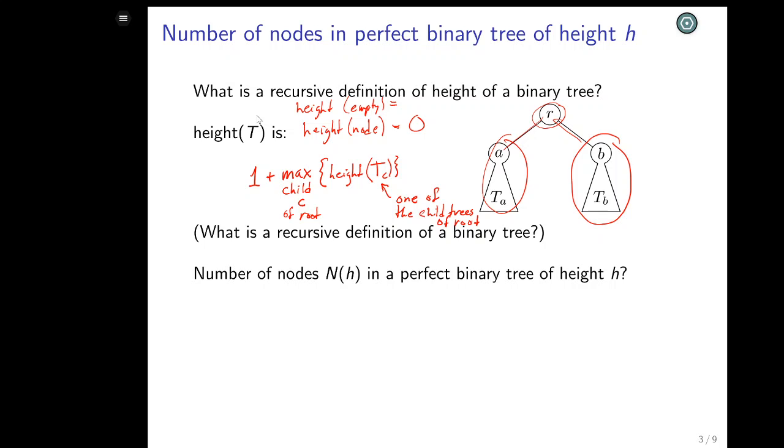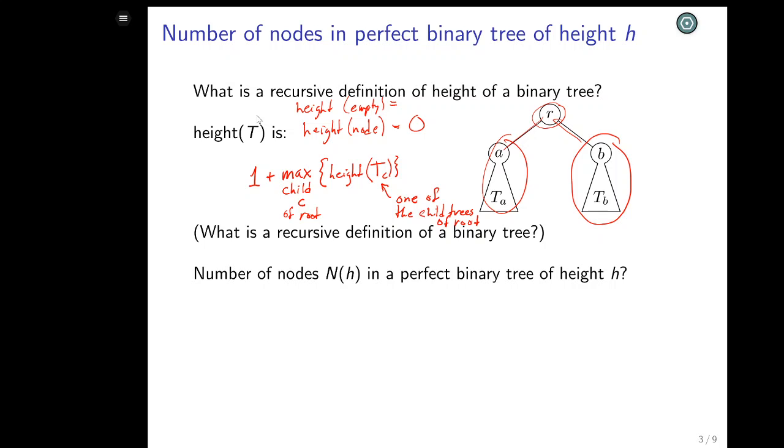Is it 0? Is it -1? Is it not defined? You can choose. You can choose. You choose 0? Okay.